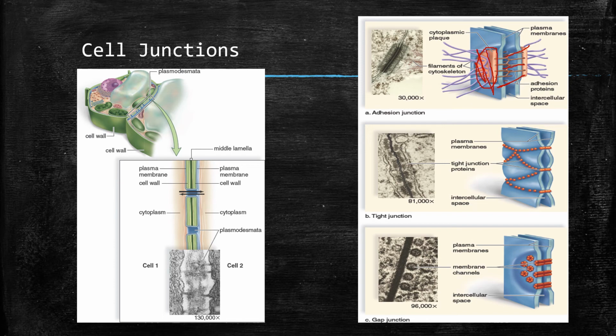The second one is a tight junction, and it's really a type of adhesion junction, but it actually keeps the cells even tighter together. And the way that works is the proteins basically put the plasma membranes of two cells together in a way that almost works like a Ziploc bag. It keeps them nice and tight.